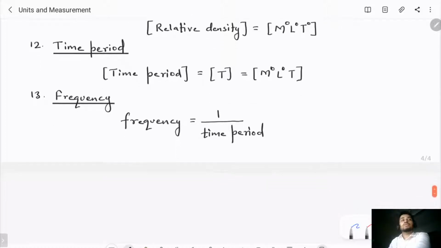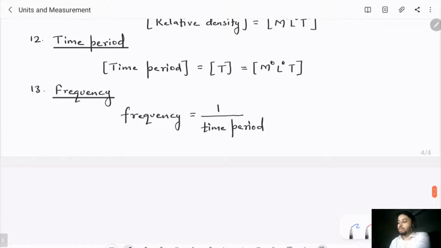So the dimensional formula for frequency will be same as the dimensional formula for 1 by time period.